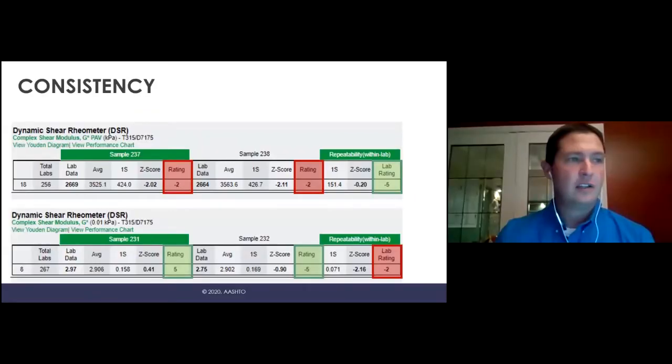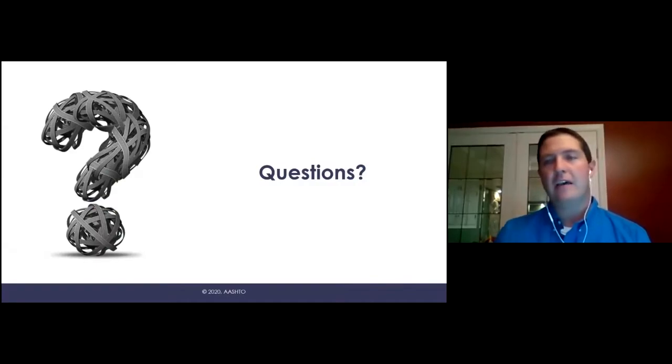Okay. Yes. So that 1S value, as I mentioned before, we have the repeatability value calculated for all the participants. That's something that happens on the back end in our data analysis.